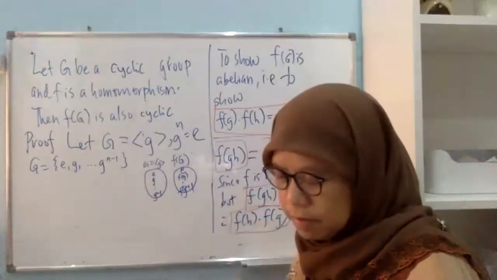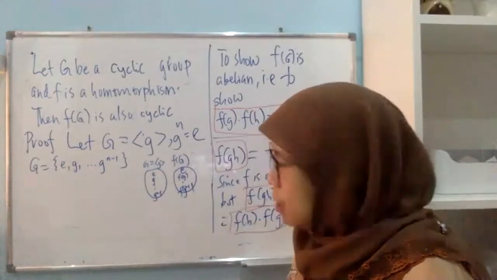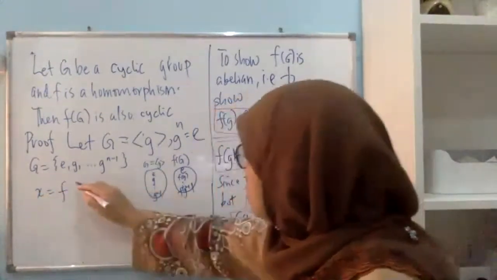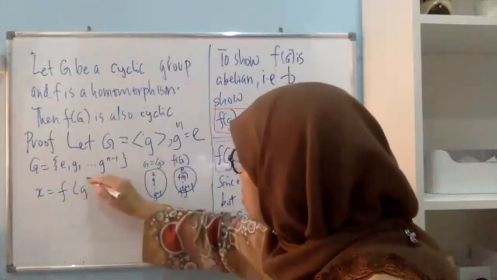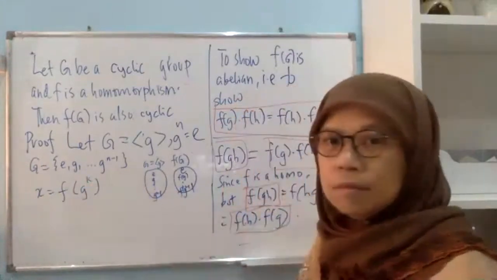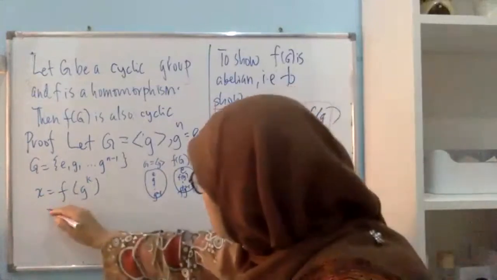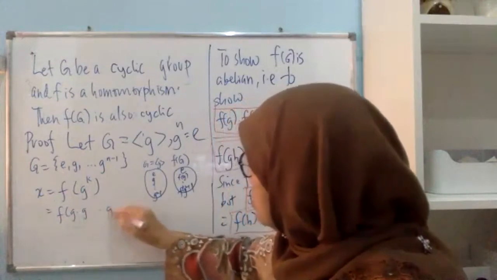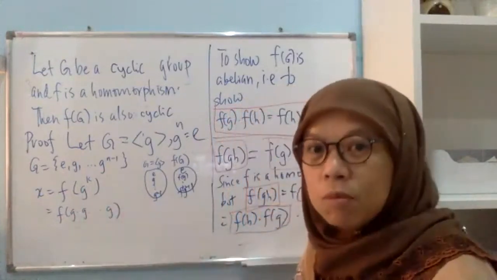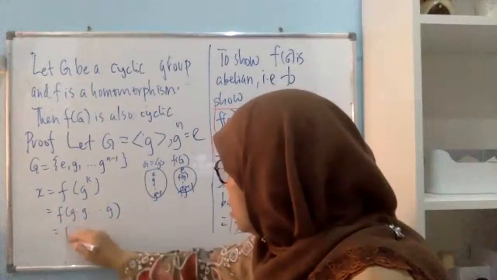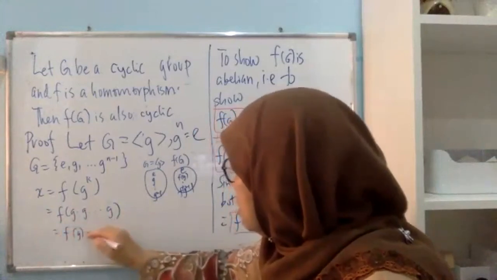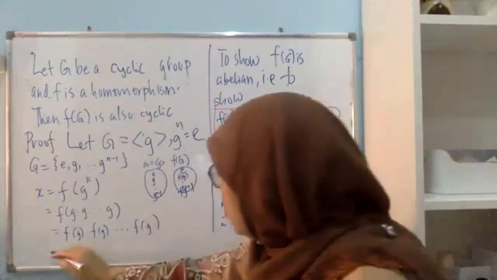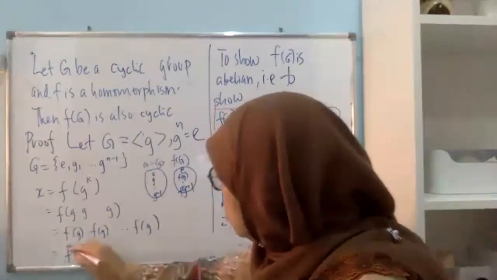All of those things. Now, any x in here is in the form of some g to the k, which is actually g, g, until g. By homomorphism, this is f of g, f of g, f of g, which is actually f of g to the k.